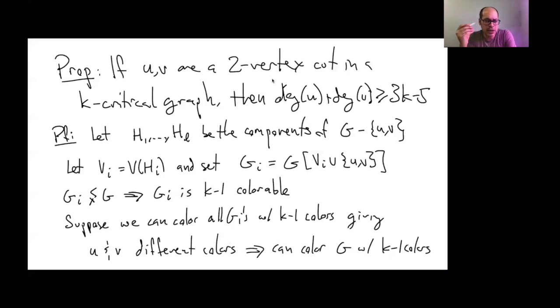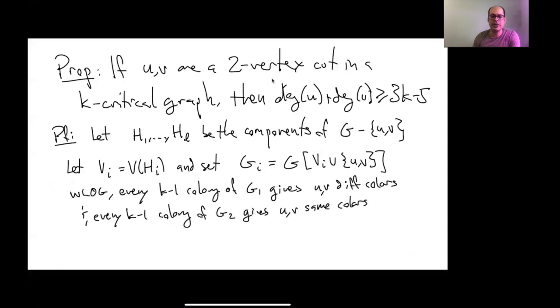It means that there's at least one of these components such that every way you color it, you have to give u and v the same color, and some other component such that every way you color it, they have to have different colors. Okay, so there's some subgraph G1 such that every k-1 coloring gives u and v different colors, and there's another G2 where every k-1 coloring gives them the same color.